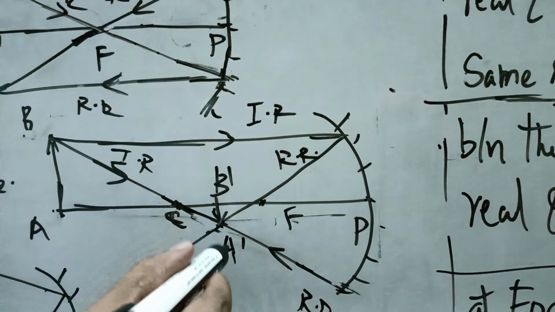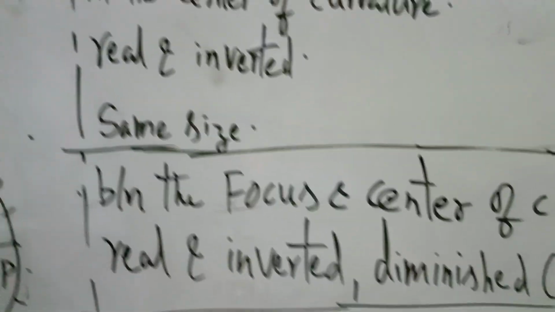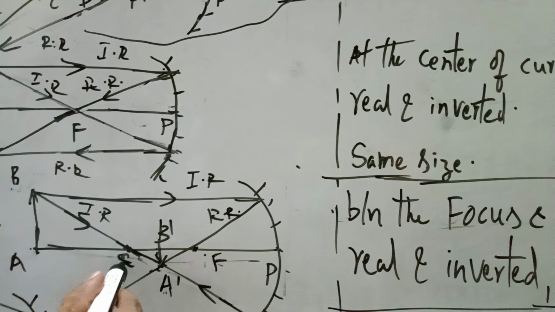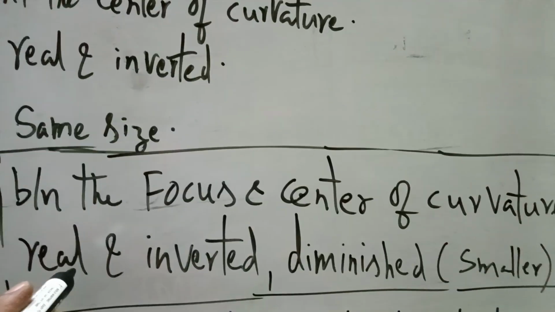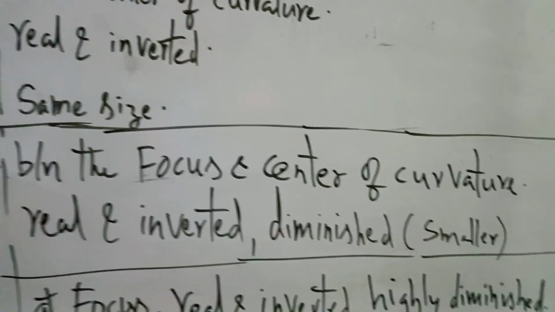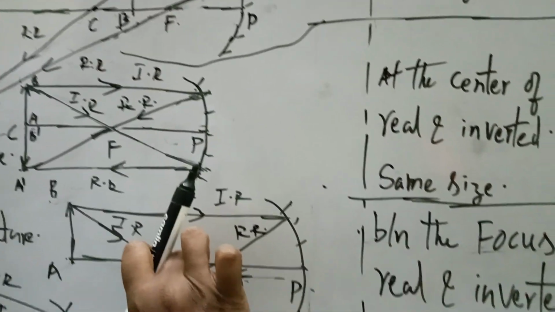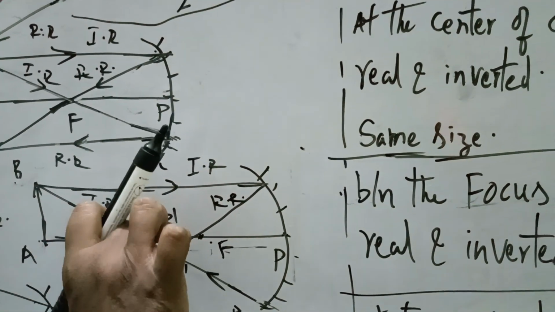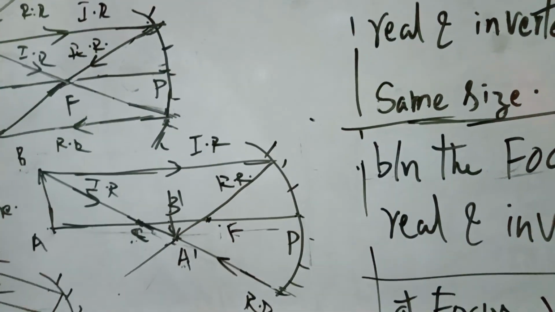Here we get the image A'B'. So we get the image between the focus and center of curvature, which is real, inverted and diminished. Diminished means size is decreased. Again in front of the mirror, it is real and inverted, but the size is decreased or diminished.